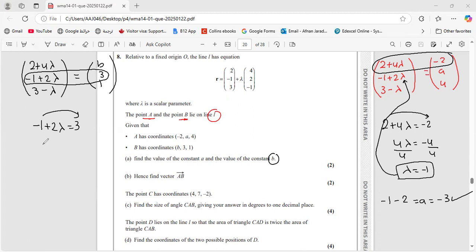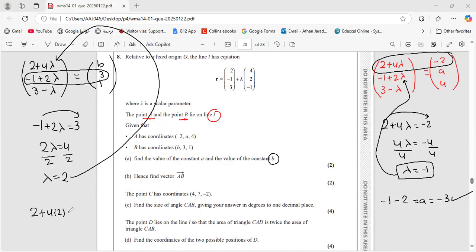Take this one to the other side. 2 lambda equals 4, divided by 2. So lambda equals 2 to find b. Just substitute 2 in this equation: 2 plus 4 multiplied by 2 equals 10. So b equals 10. Remember that a equals negative 3 and b equals 10.